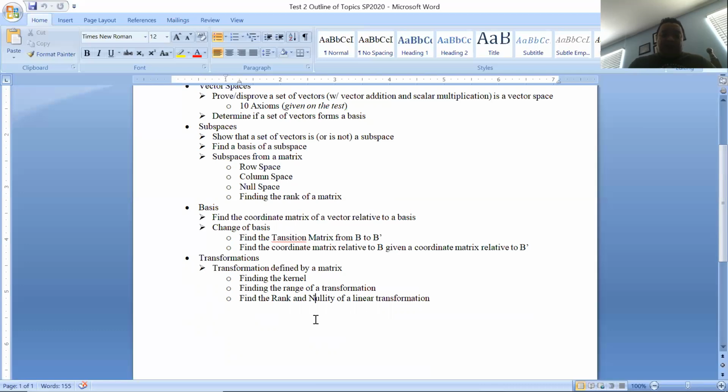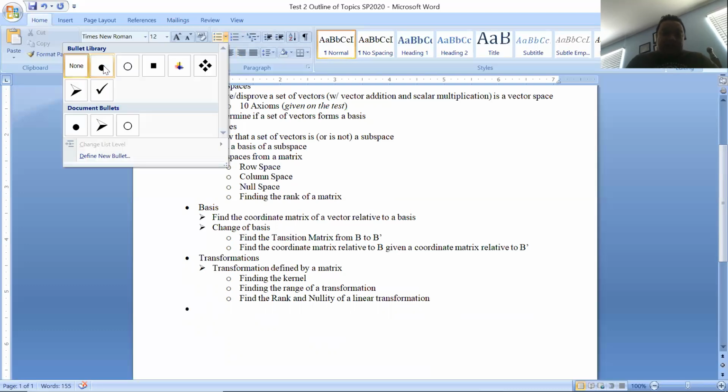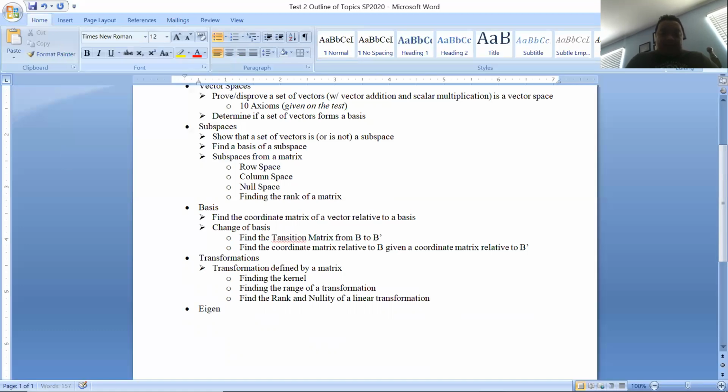Now, as far as chapter 5 is concerned, there are essentially new topics that we went over. Namely, the first one is eigenvalues and eigenvectors. The main thing on here is obviously you should know how to find them. And again, remember when you were doing your homework, 5.1 does something, 5.2 does the other one. Really here you just have to find them.